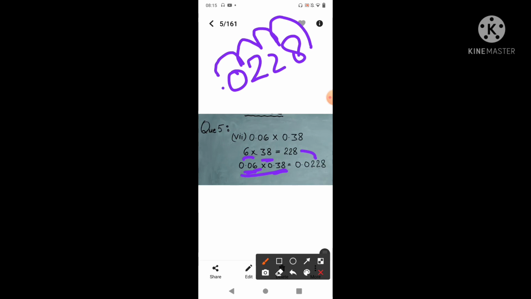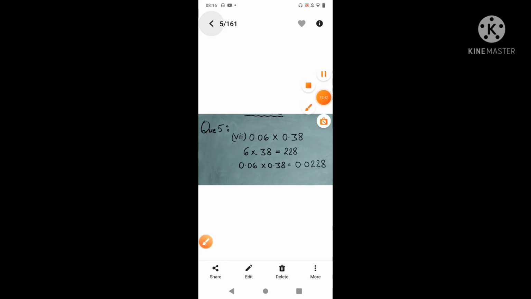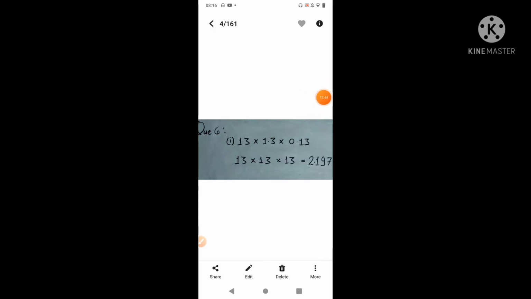Before the decimal there is nothing, so we can put 0. The answer will be 0.0228. We can write only this, 0.0228.